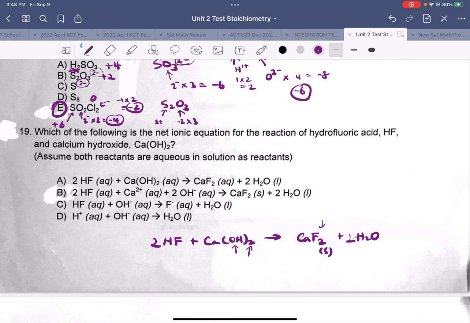So this one basically, Ca2 plus 2OH minus becomes like that. So there's no spectator ion. So everything you should have it. So not like that. You should have like this on the right hand side. And then which one is correct? Then it should be this one, right? Okay. So that is a net ionic. So you have to write down the ionized one. So it should be B. Okay. That's it for this video.